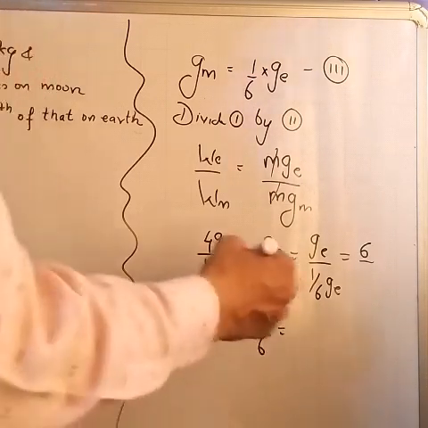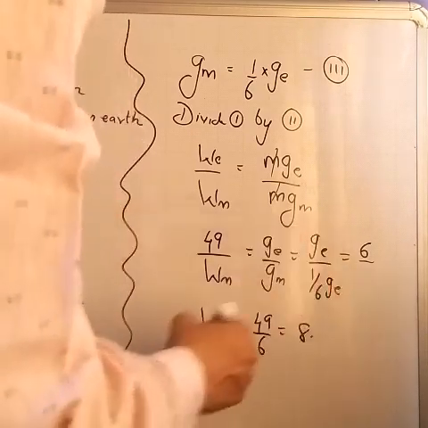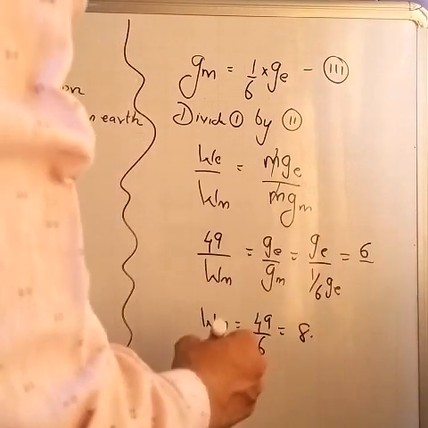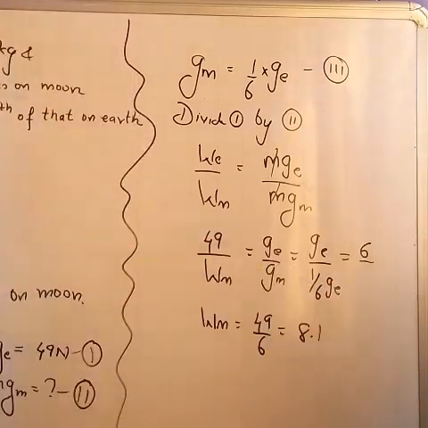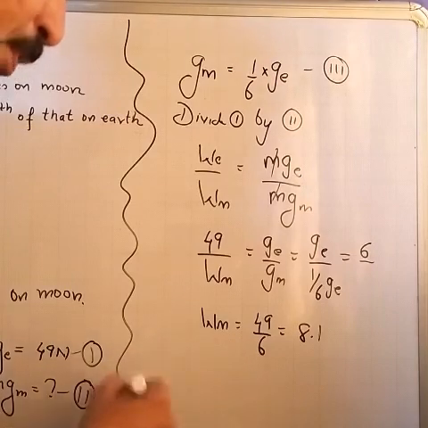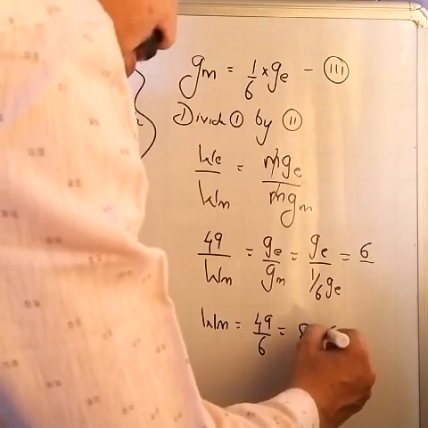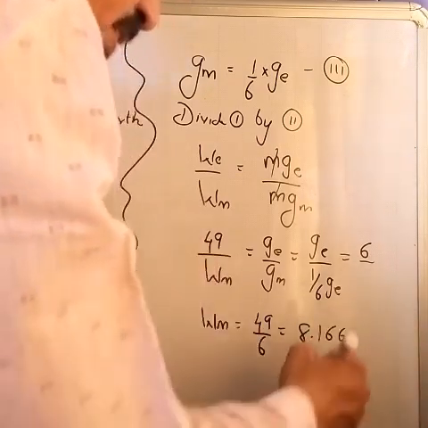If you solve this, divide this, 6 8s are 48, remainder 1, 10. 6 1s are 6, 6 6. This is a recurring term.